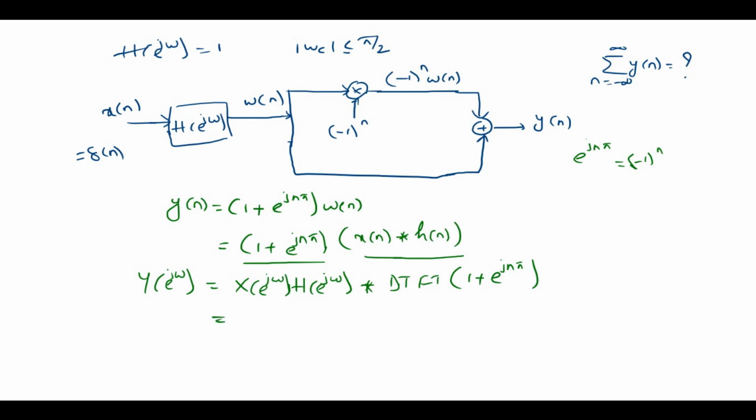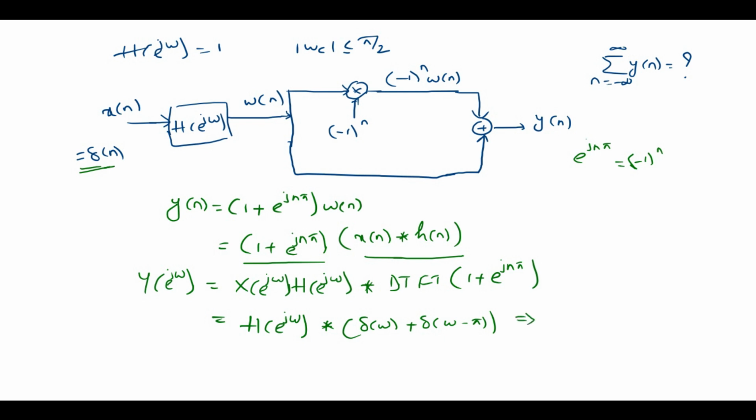Since the input is an impulse, X of e^{jω} has value 1, so this is H of e^{jω} only. It is convolved with the discrete time Fourier transform of this function: the DTFT of 1 is δ(ω), plus e^{jnπ} gives δ(ω minus π).